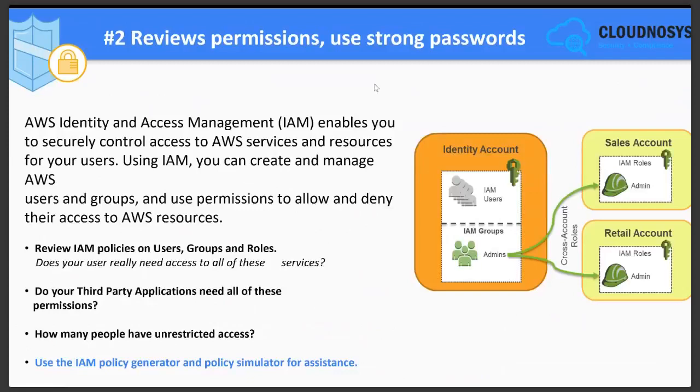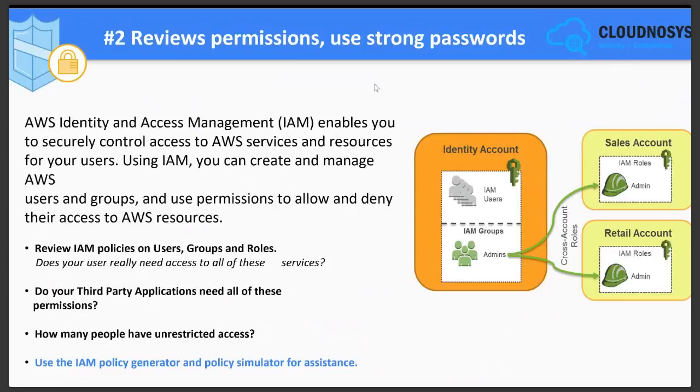The second one is you need to review permissions within the IAM. Now, this rule is set because of PCI and so on, but frankly, in my humble opinion, it's becoming obsolete. It's saying that you should use strong passwords, okay, and you should also, for your third-party applications, check whether all these permissions are needed.